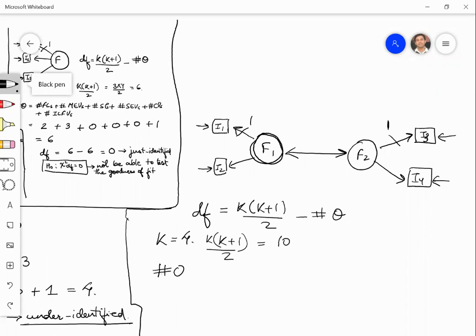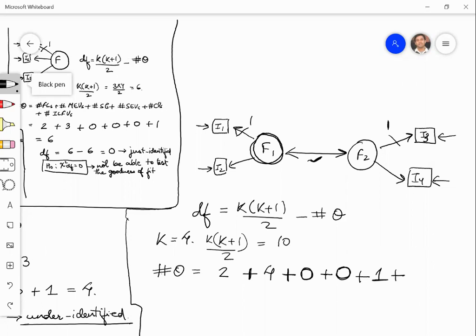What is hash theta here? Number of factor loadings is 2. Number of measurement errors, 4. Number of structural paths, 0. Number of structural errors, 0. Number of covariances, 1. So this is a covariance, so it will be 1.